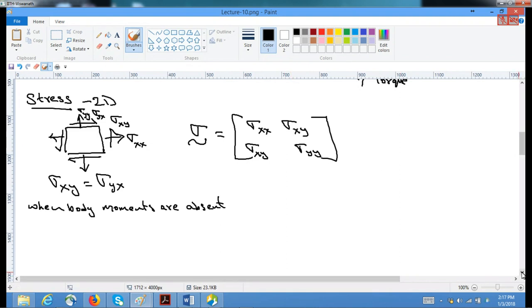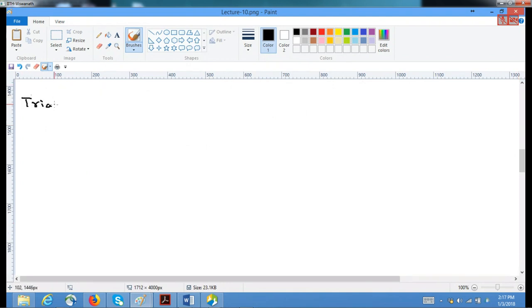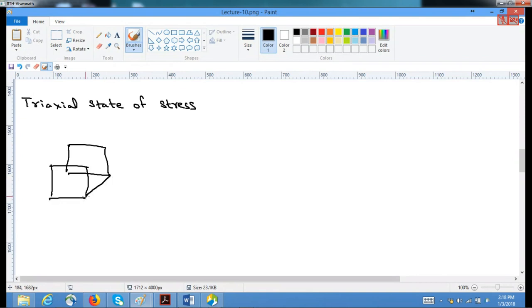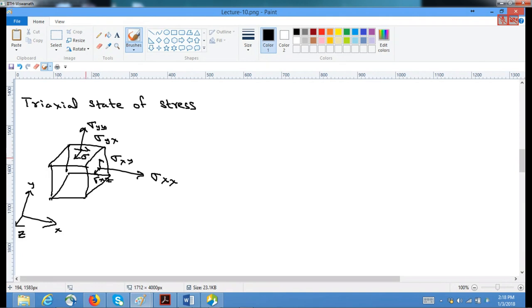Further, if I look at the triaxial state of stress, it would be something like this: sigma xx, sigma xy, sigma xz, sigma yy, sigma yx, sigma yz, and so on.